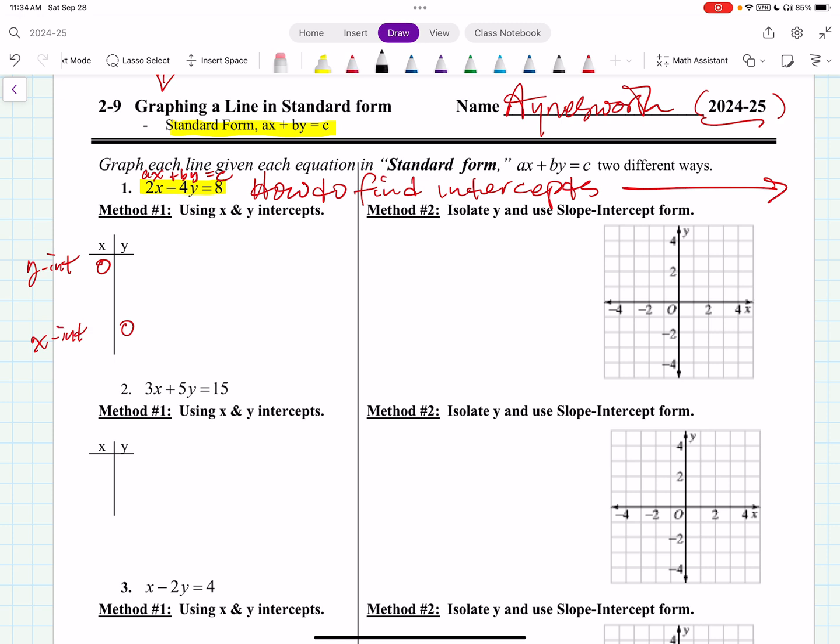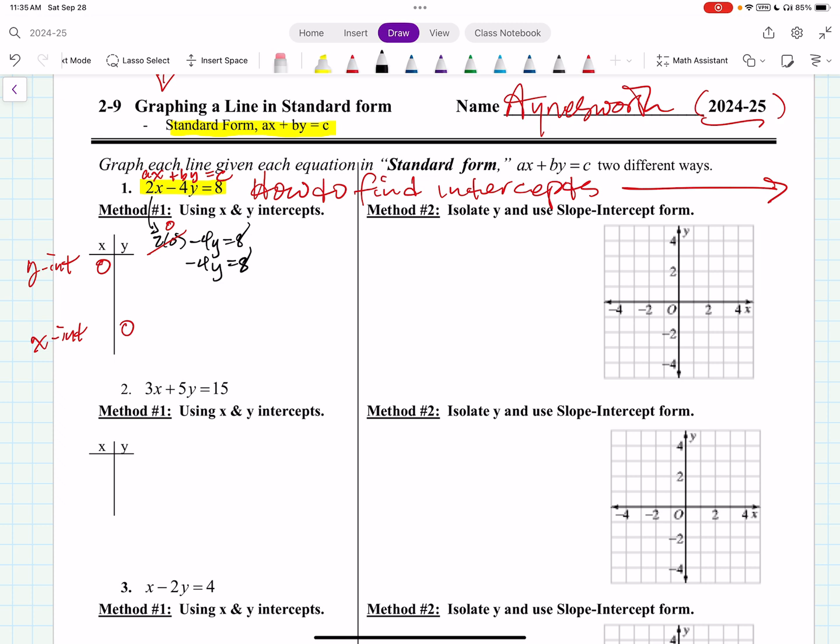First we substitute 0 in for x. I'm going to bring this function down. So 2 times 0 minus 4 times y equals 8. This is fairly straightforward. Anything times 0 is 0, and 0 minus 4y is negative 4y. Negative 4 times what number equals 8?